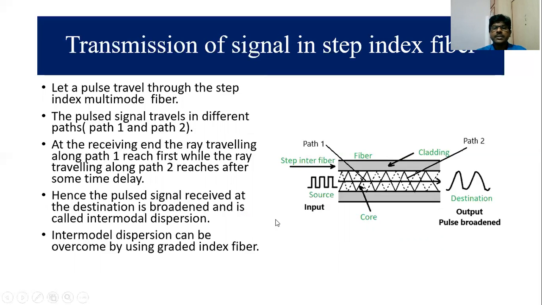Hence, the pulsed signal received at the destination is broadened and is called intermodal dispersion. Intermodal dispersion can be overcome by using a graded index fiber. You can see this is the input signal over here and this is the output signal over here, and the output signal undergoes what is known as pulse broadening. So a step index fiber has what is known as pulse broadening, and in this diagram, this is the core and these are the cladding part of it.